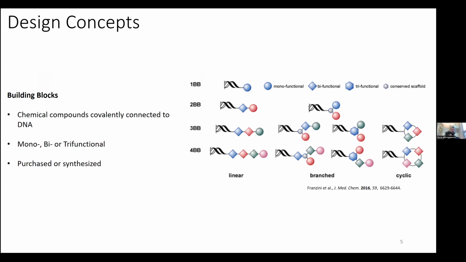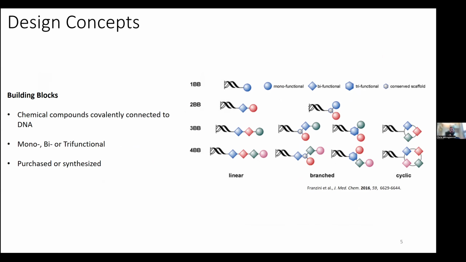Before continuing to get a bit deeper, I would like to go through some terminology that you will probably hear me using quite a lot for the rest of the presentation. This is the building block. Building blocks are chemical compounds that are going to be combined together and covalently connected to the DNA.